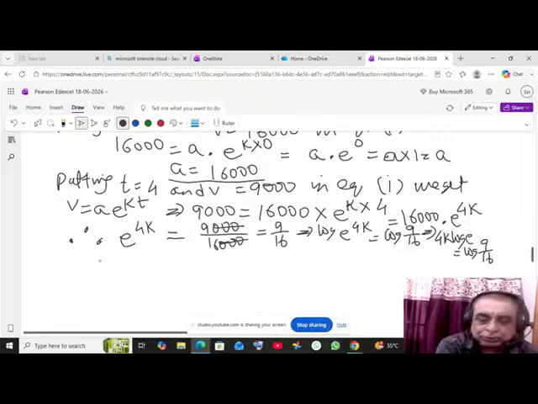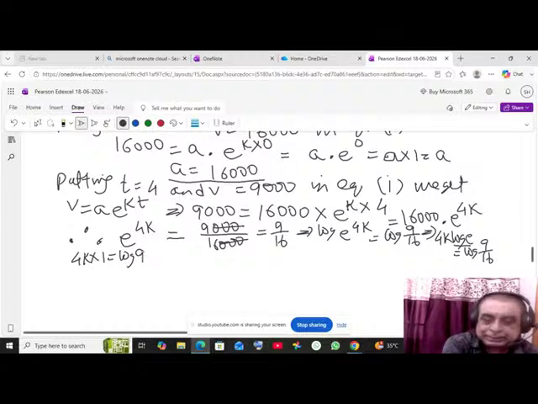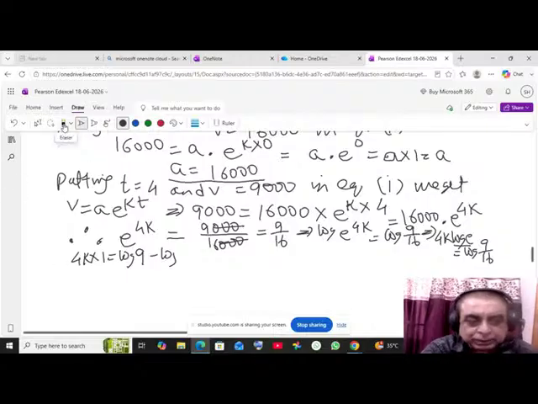Now log e we know is 1, so 4k times 1 equals log 9 minus log 16. Or you may divide 9 by 16.